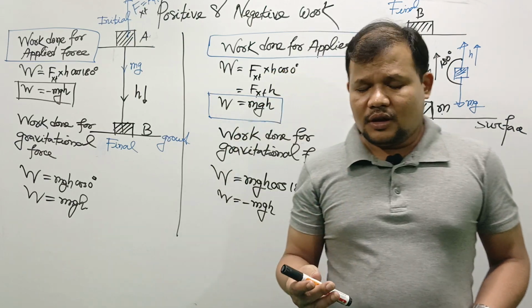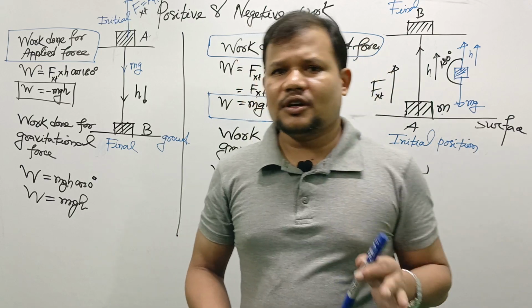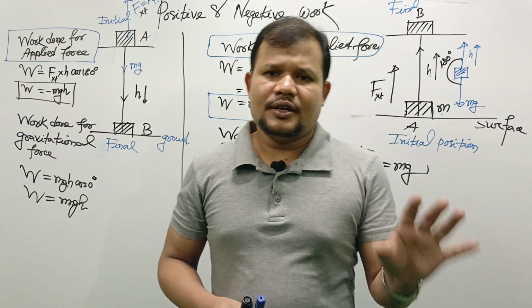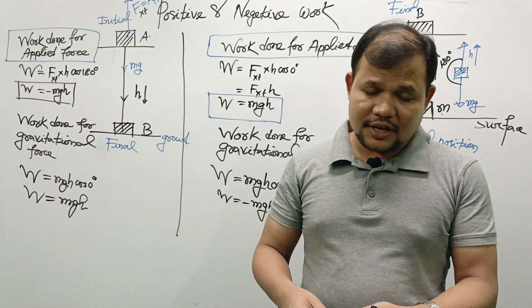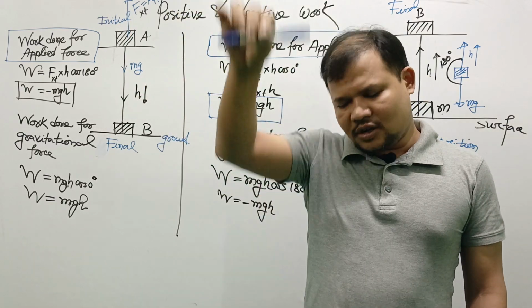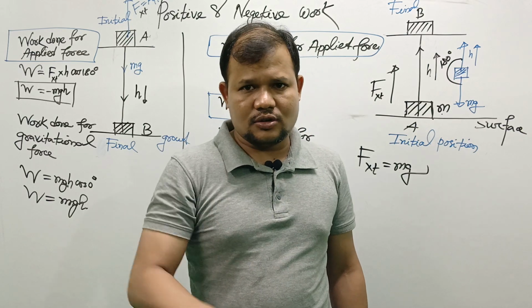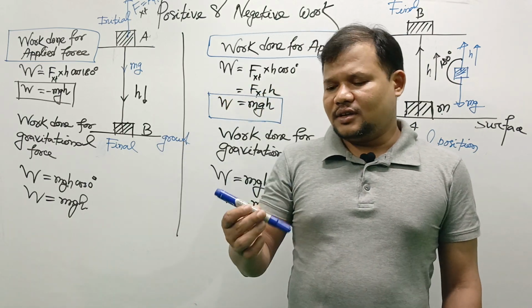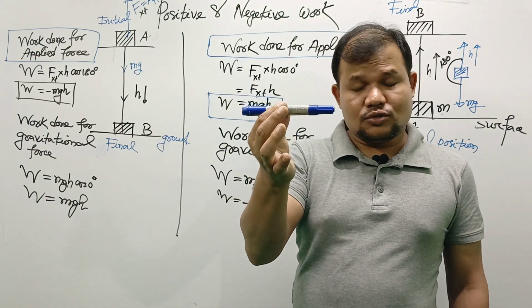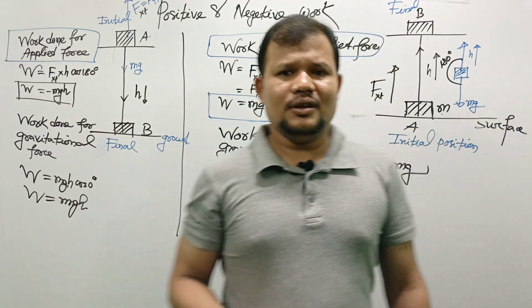But because of the gravitational force the work done will be negative. When we take any object from h meter height in the downward direction, to the surface, then because of the applied force the work done will be negative, but because of the gravitational force the work done will be positive.